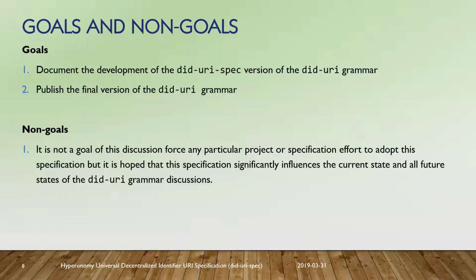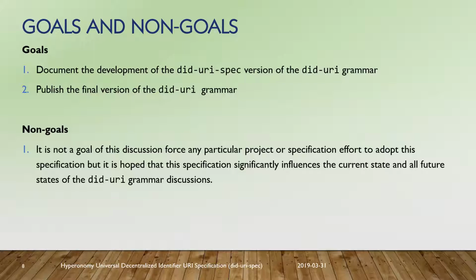Goals and non-goals. So the two primary goals are to document the development of the spec version of the did URL grammar. Next, it's to publish the final version of the did URL grammar for this specification, for the did URL specification.